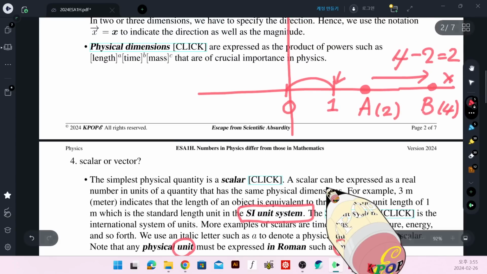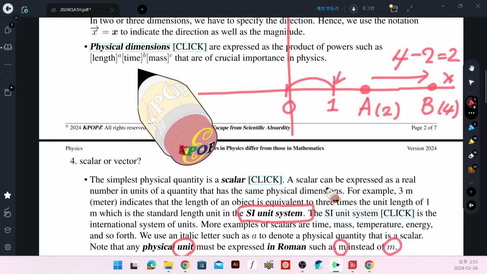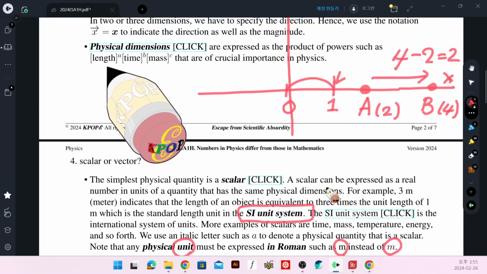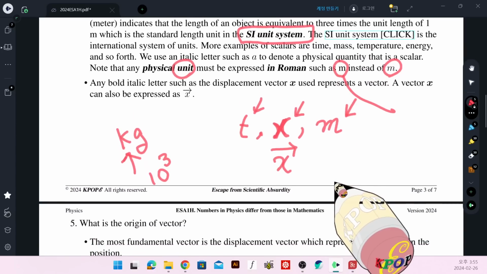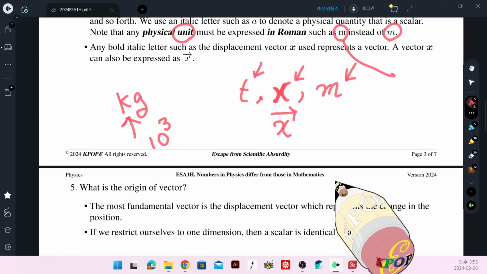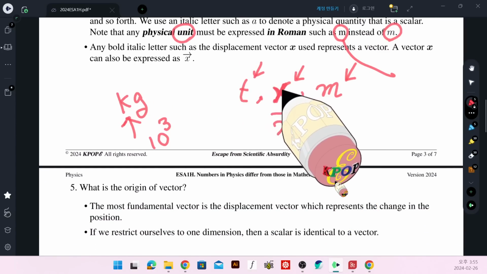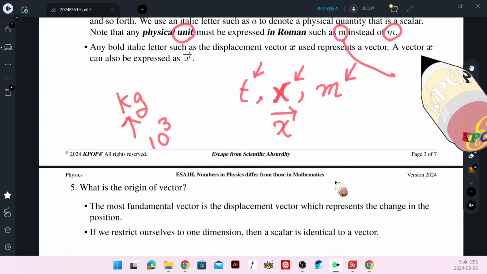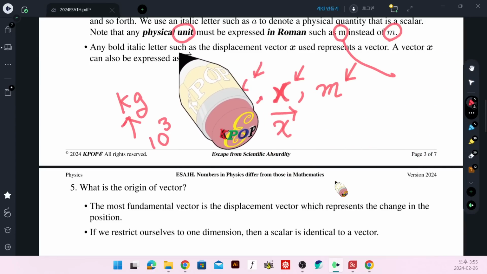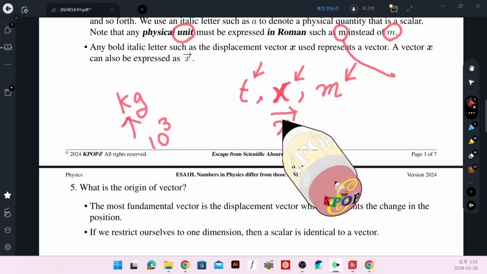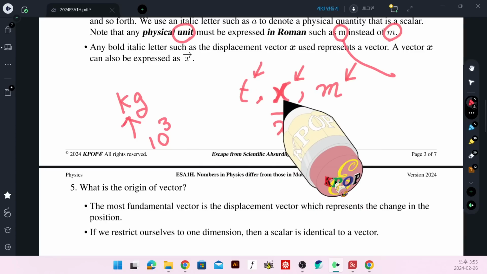And those dimensions are products of powers of length, time, and mass. All right? As I told you, a bold italic letter or an italic letter with an arrow on top of it is a vector. Vector has a magnitude and direction.